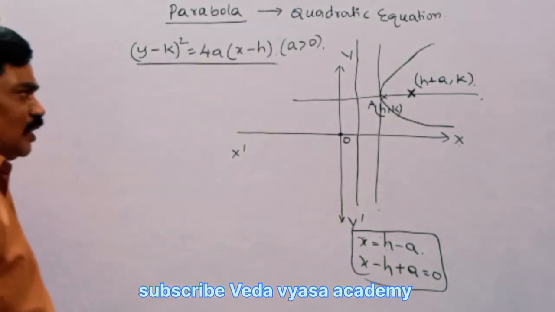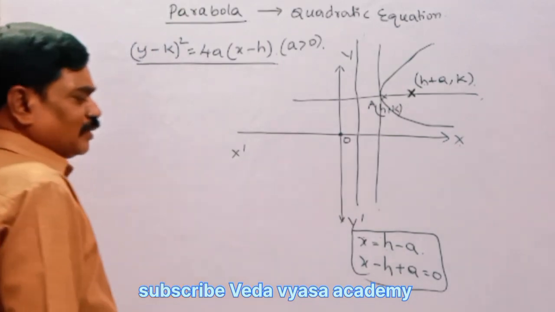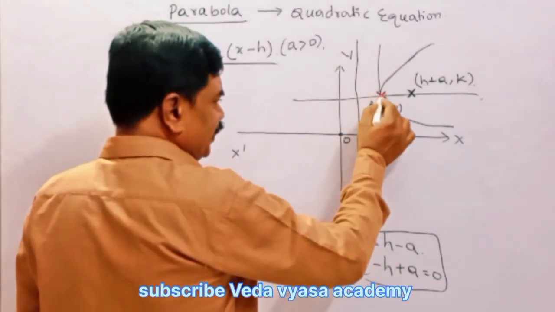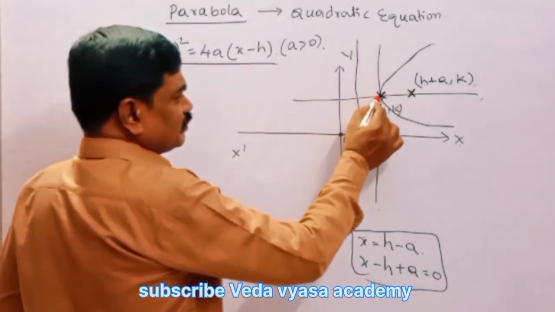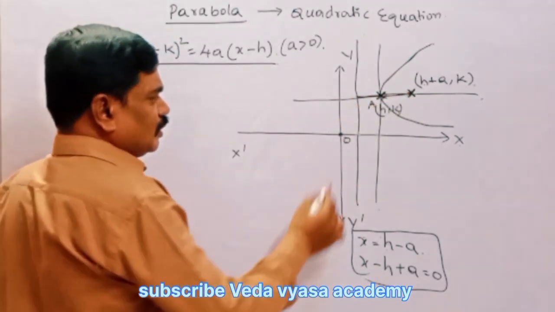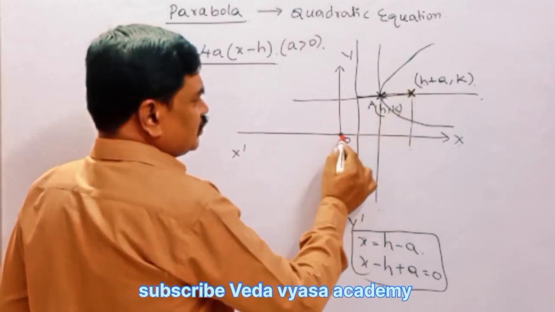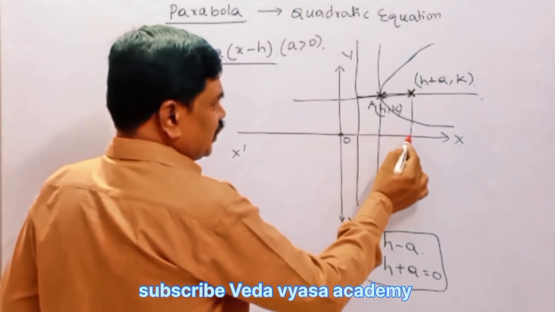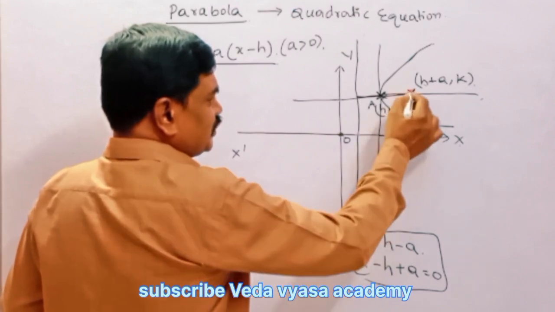Focus of the parabola (h plus a, k). Vertex is the midpoint (h, k), and you calculate this length and this length. Up to here, what is the length? This is h plus a, and this is k.